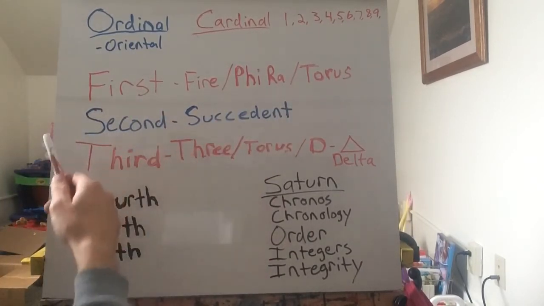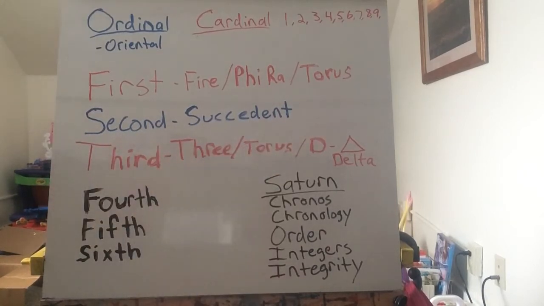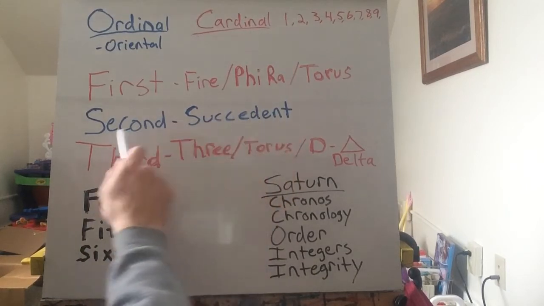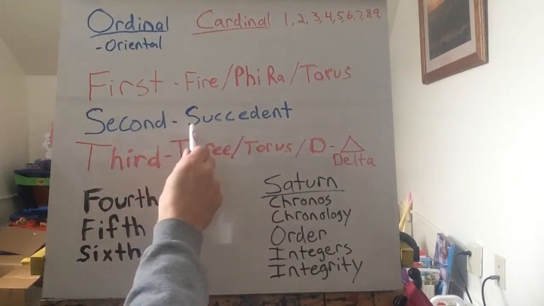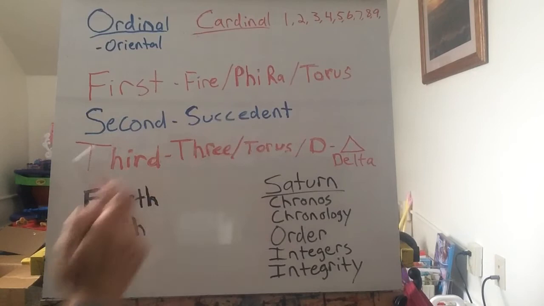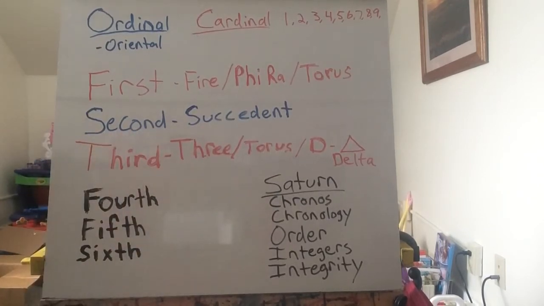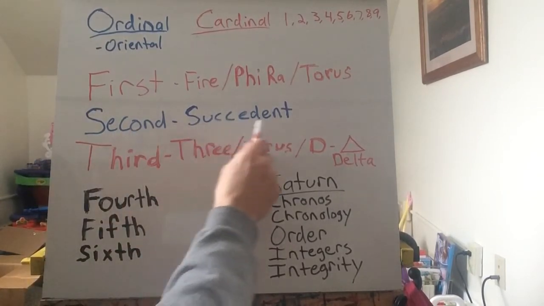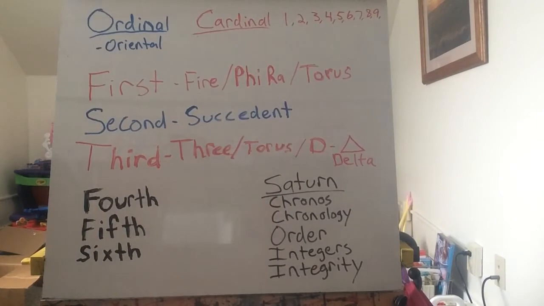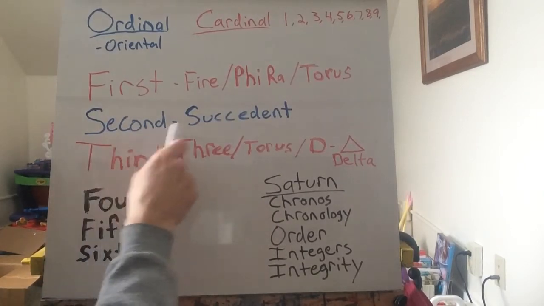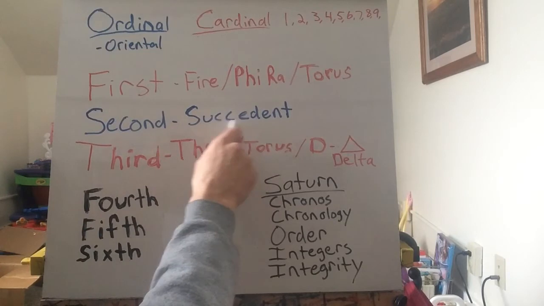Second: the first thing I would think of is succedent houses in astrology. Succeed is a pretty natural association with second. But the actual word succedent, which phonetically sounds very similar to second, is just taking out that s.